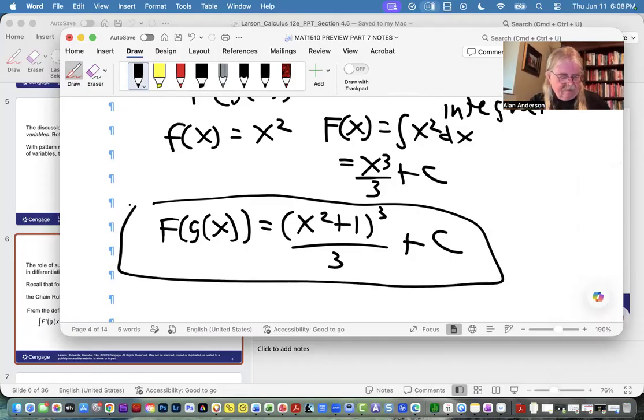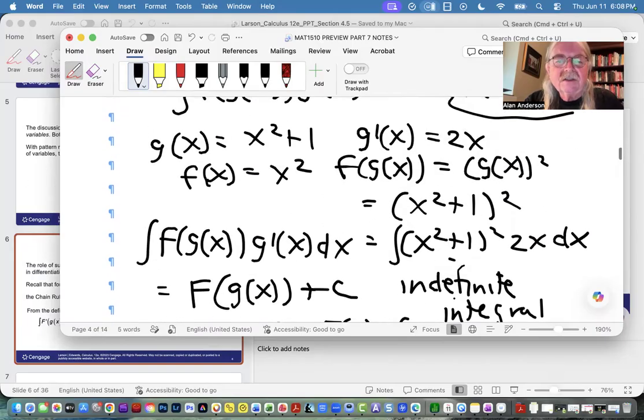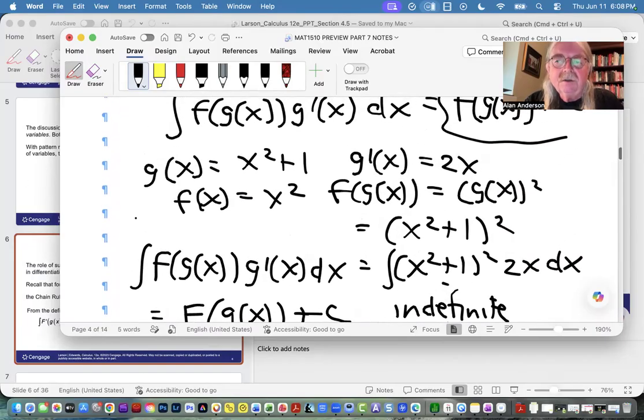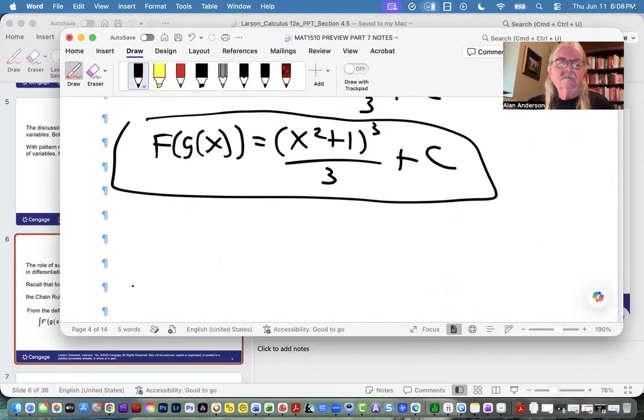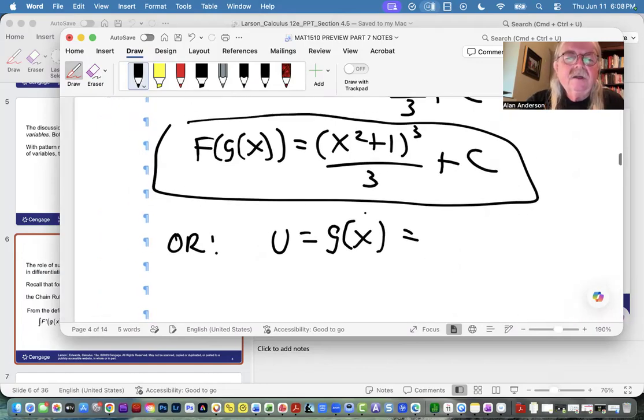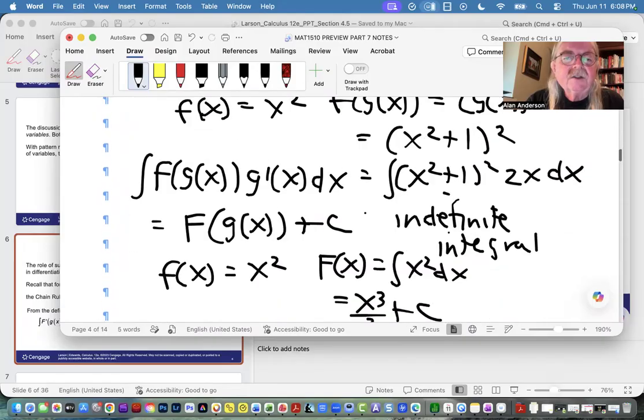Now, it's kind of convoluted there. But if you wanted to do something a little different, like using u's and du's, you could have just as easily done that. The u takes the place of g of x, and that is x squared plus 1.